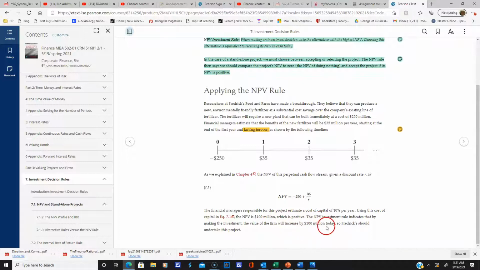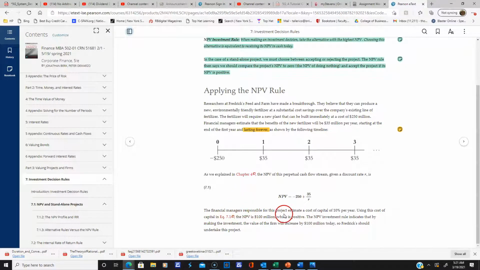I believe they do the math here, and the net present value investment rule indicates that by making the investment, the value of the firm will increase by 100 million today, and you could verify that again in Excel. I don't know if they give you a discount rate here.